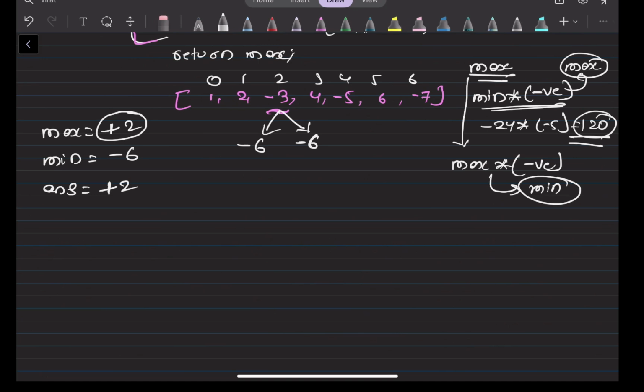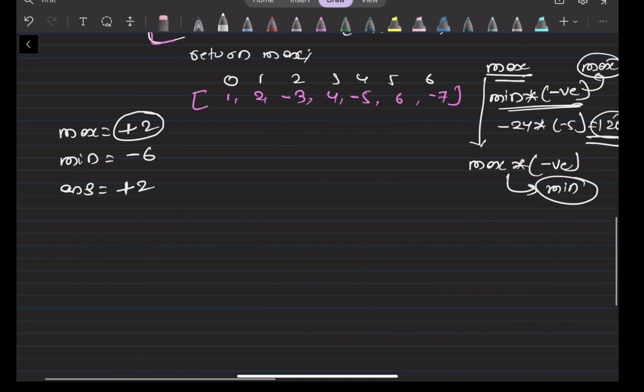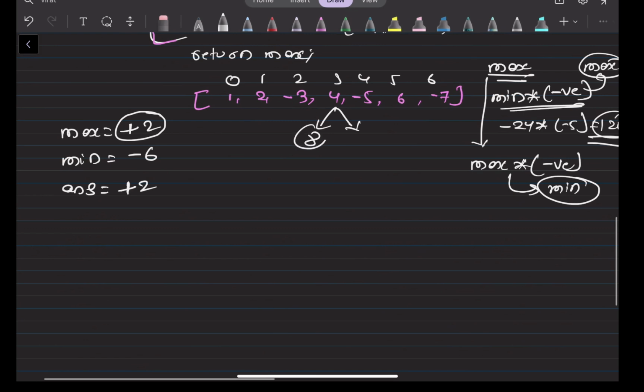Now let's move forward. If we move forward to 4 here, what will happen? If we multiply max, it will give us 8, and if we multiply minimum, I will get minus 24. If I get minus 24, then what will be my max?